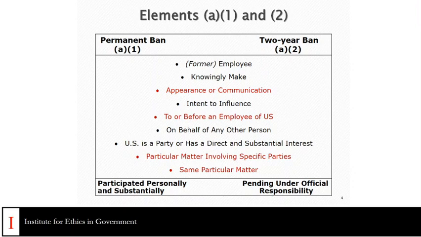It prohibits a former employee from knowingly making any appearance or communication with the intent to influence to or before an employee of the United States on behalf of any other person in connection with particular matters involving specific parties, where the U.S. is a party or has a direct and substantial interest, provided it is the same particular matter involving specific parties that was pending under the employee's official responsibility during their last year of government service.